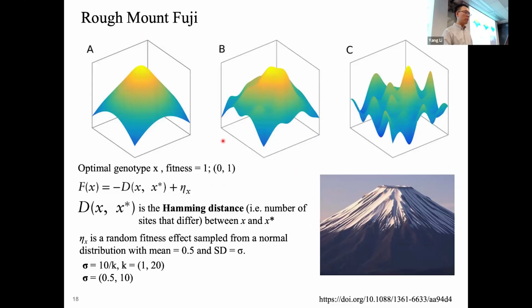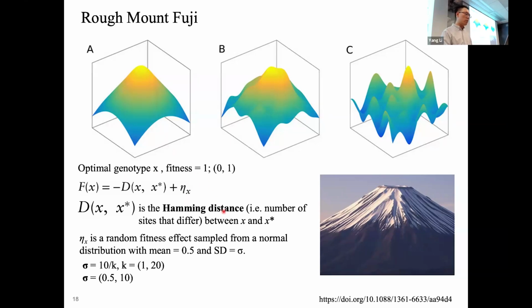For this mountain, it only has one peak. Yes, it only has one peak for this landscape. When we want to simulate the Rough Mount Fuji landscape, we select the highest fitness as 1, and of course all the fitness values are from 0 to 1. We introduce a formula, and for a given highest fitness, which is the global peak, the rest of the fitness is based on the Hamming distance.